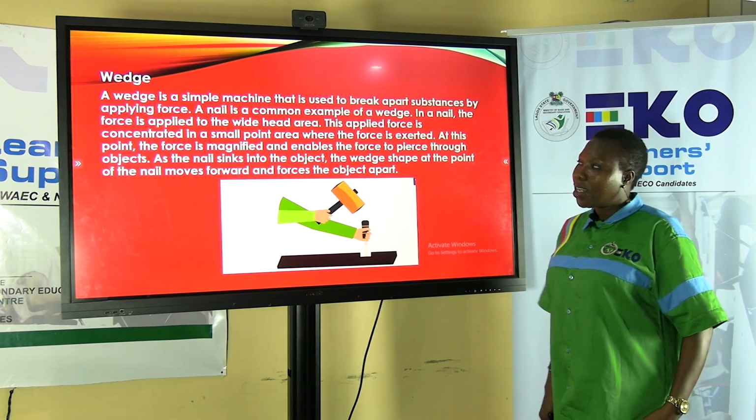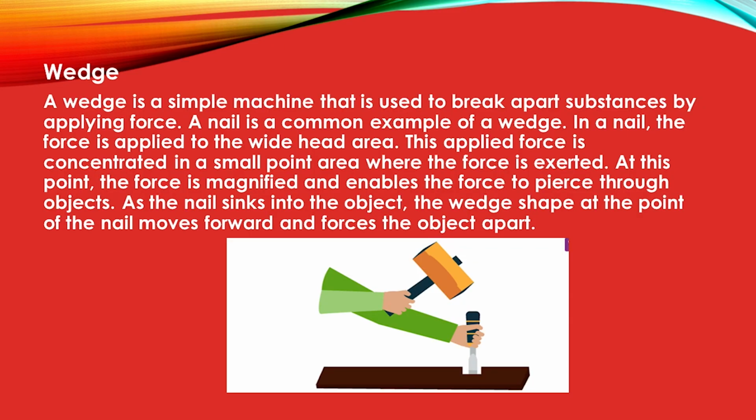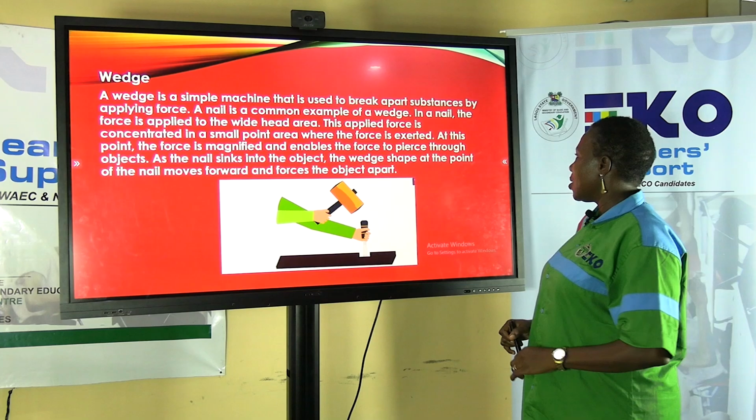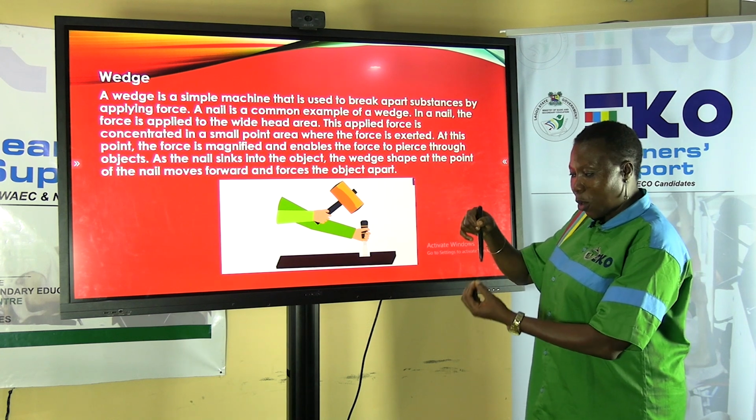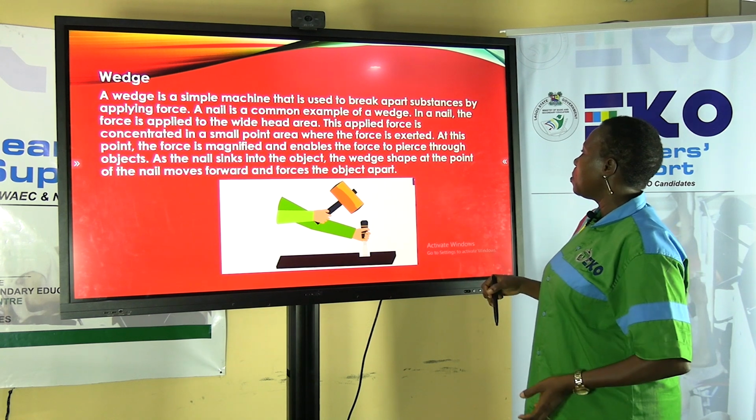The wedge. A wedge is a simple machine that is used to break apart substances by applying force. A nail is a common example of a wedge. In a nail, the force is applied to the widespread head area. This applied force is concentrated on a small point area, the tip of the nail.